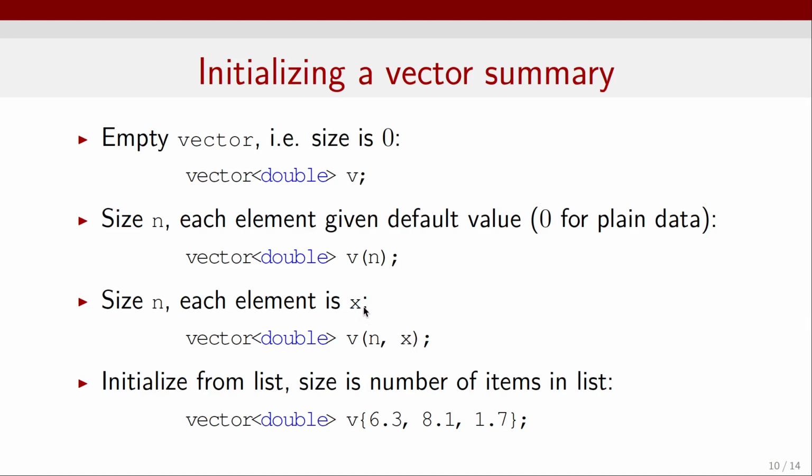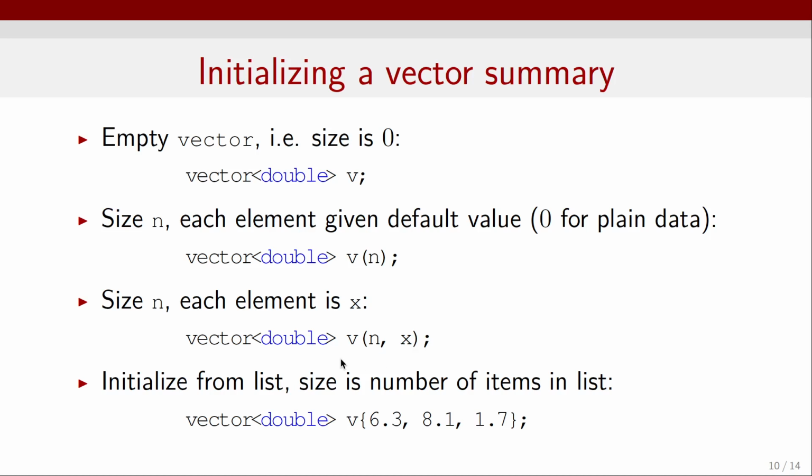So if x here is a double and n is an integer, then that would create a vector of size n, and each element will be equal to this double x. All elements would be the same. It would all be equal to x.